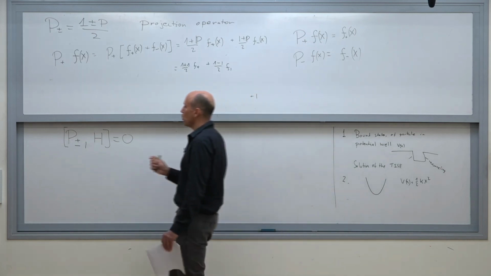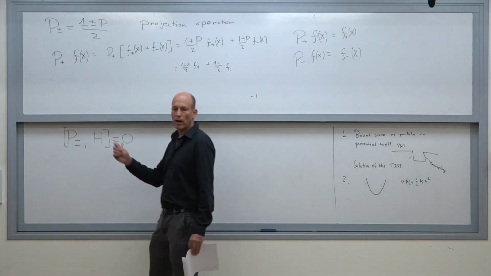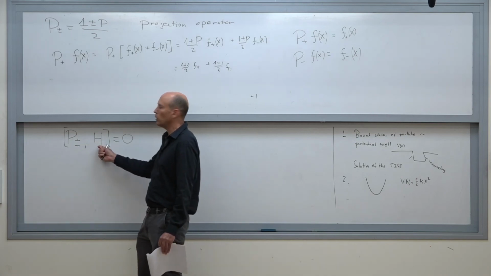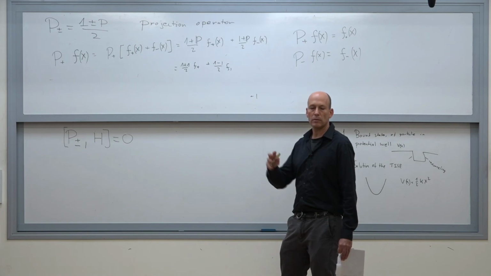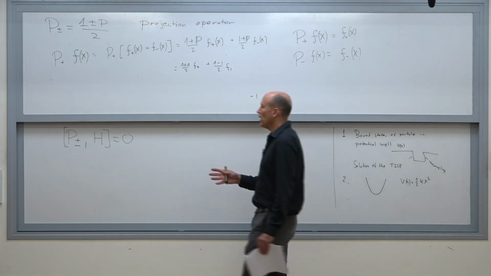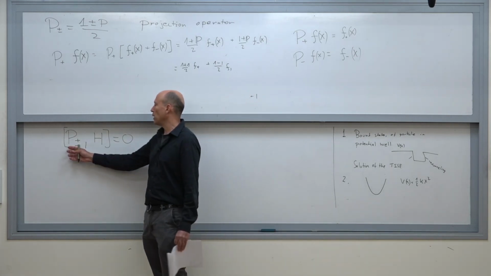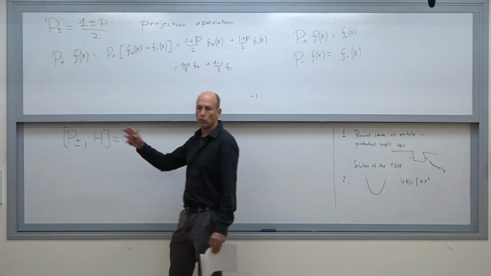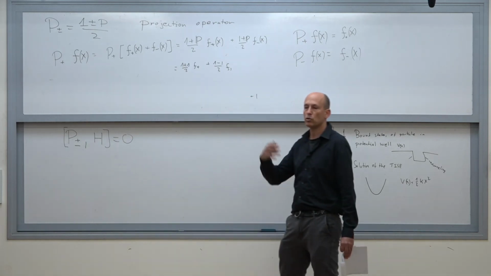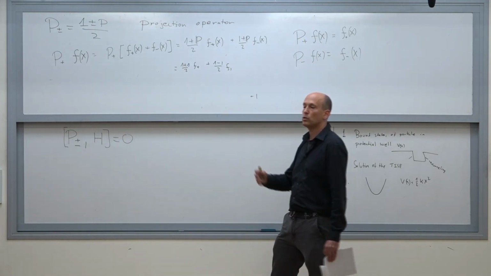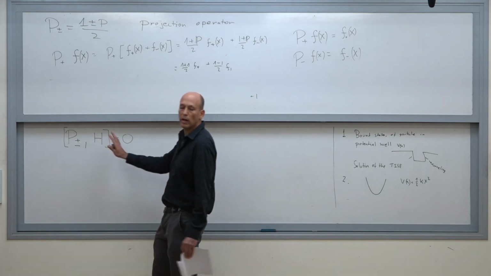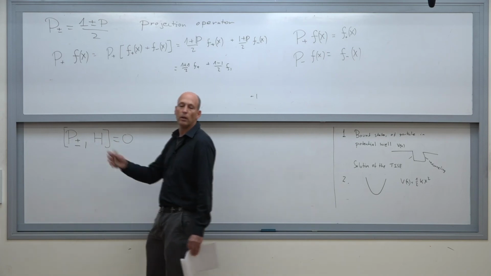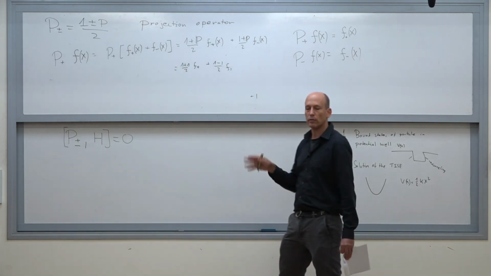My aim is to show that if you have some operator that is commuting with H, this means that you have some symmetry in the system. For example, you know this already with the momentum operator and p squared over 2m. They would commute with one another. That would be like conservation of momentum in the classical world. This would be commutation of momentum with a Hamiltonian without a potential.